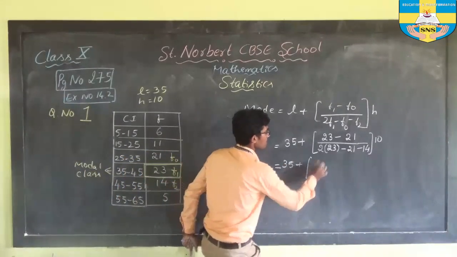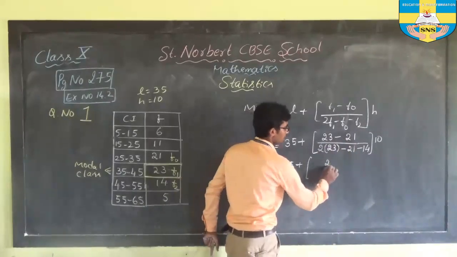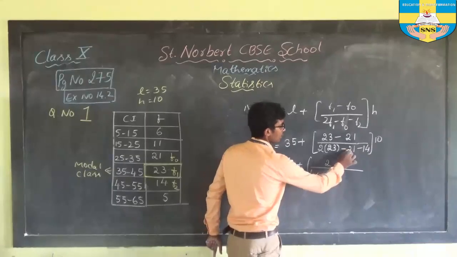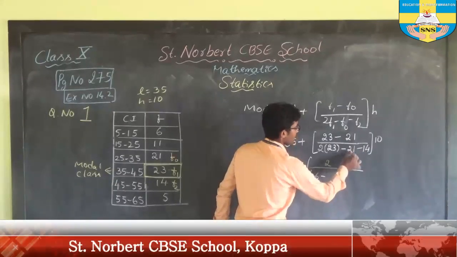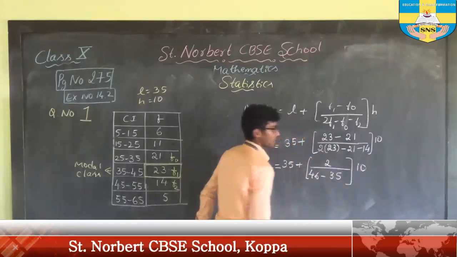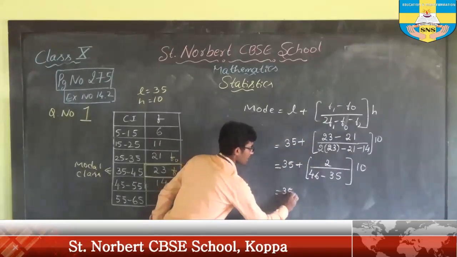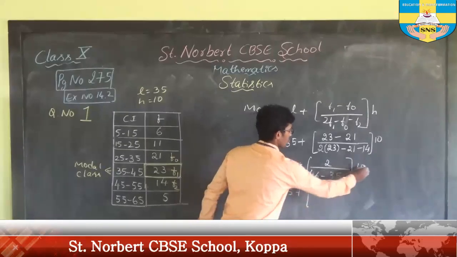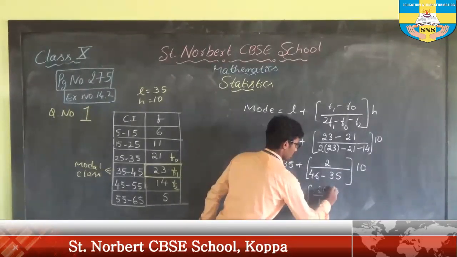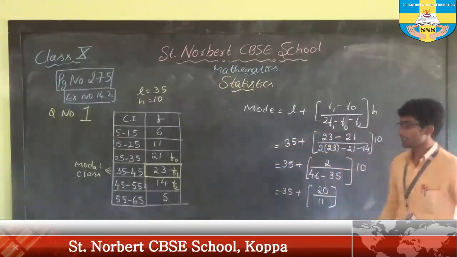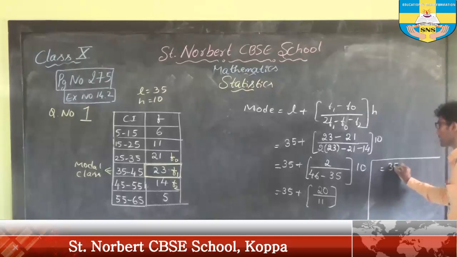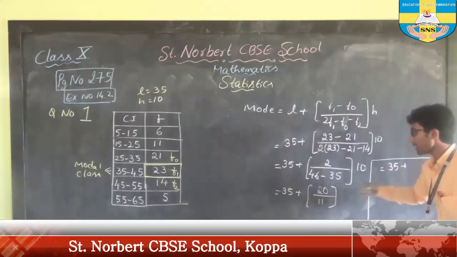35 plus 23 minus 21, which is nothing but 2, divided by 46 minus 21. This is 25 and 3 into 10. 35 plus 2 into 10, 20, divided by 11. Then how are you going to solve 35 plus 20 by 11?